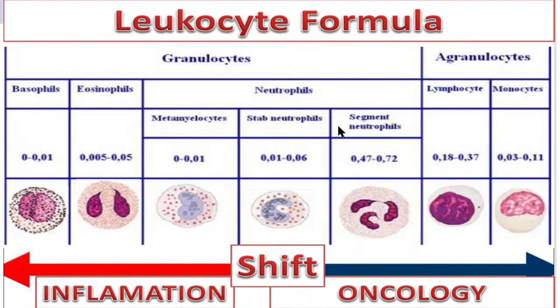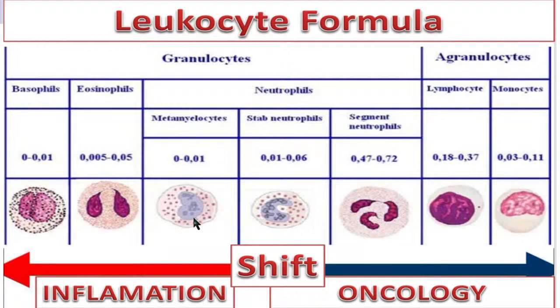Stab neutrophils, ordinarily also named band neutrophils, 0.01 to 0.06%. These cells are less mature than segmented multilobulated neutrophils.